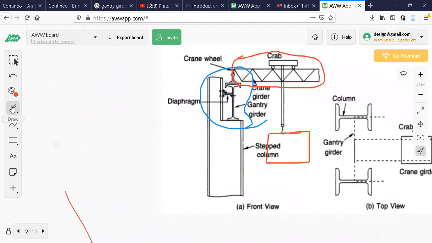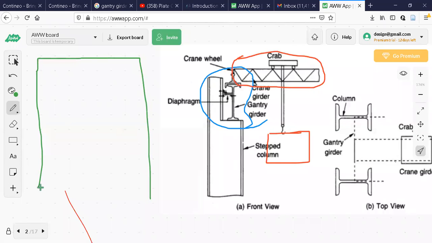So I'll draw one diagram here. Observe this one. Simply I'll draw one plan of an industry like this. This is a plan of an industry, and a box is kept here, and let us say a box is kept here.